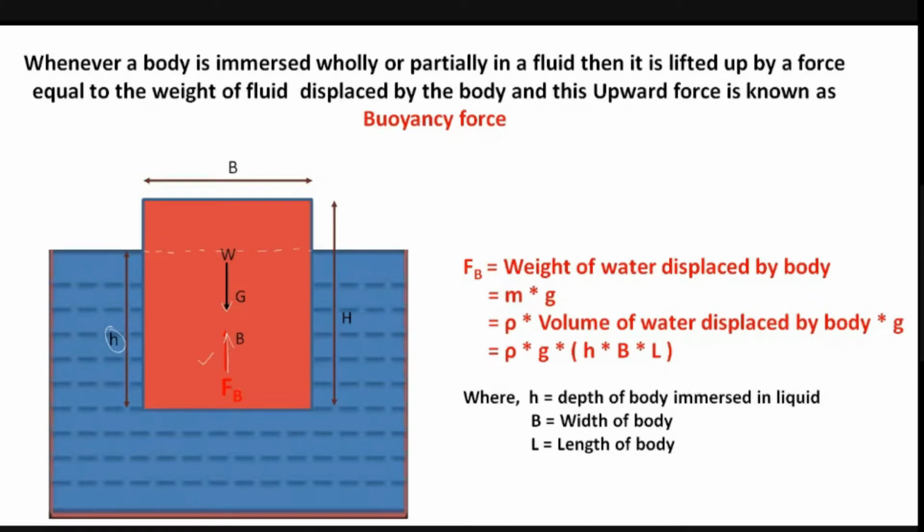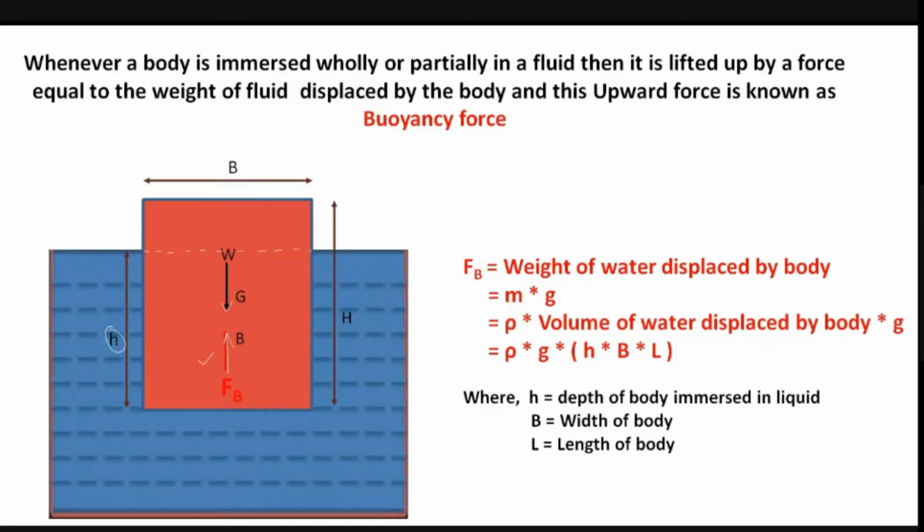The weight of water is m into g, that is the buoyancy force, and we know that m equals rho into v. So we get rho g v, where rho is the density of water, g is the gravitational constant, and v is the volume of the body displaced. Here the volume of the body immersed in the fluid is b into small h into L.